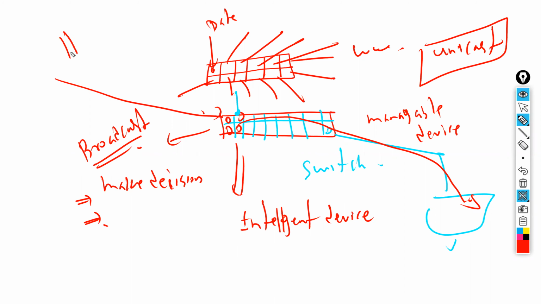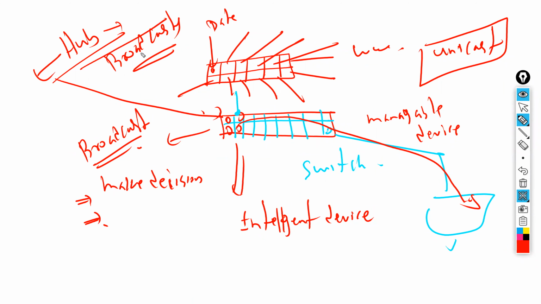But the hub can't do that. The hub only does broadcasting. Whatever data comes, it broadcasts to each and every device connected to the hub, because the hub doesn't have any intelligence. It's an unmanageable device. It is just a wire.